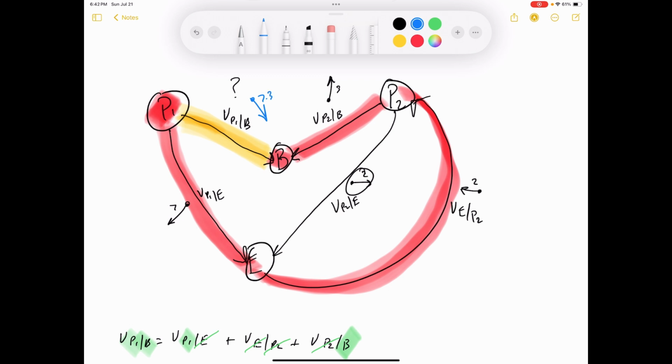So once you've added those, the P1 relative to Earth, the Earth relative to P2, and the P2 relative to B, once you've added those three vectors together, you'll get your new vector, which is P1 relative to the ball. And so this is how you can solve rather quickly a relative velocity problem.